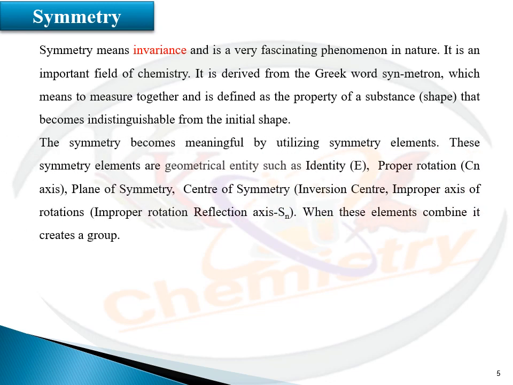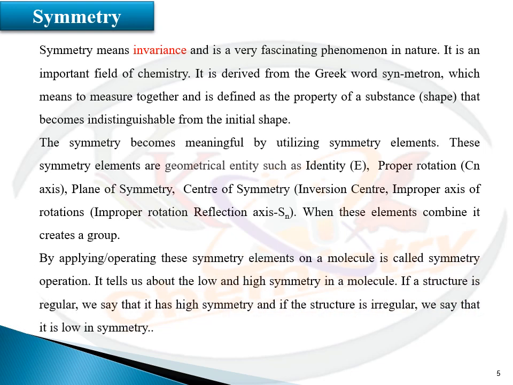These symmetry elements are identity, proper rotation axis, plane of symmetry, center of symmetry, also called inversion center, and improper axis of rotation, also called improper rotation reflection axis. When these elements combine, it creates a group. Applying these symmetry elements on a molecule is called a symmetry operation.